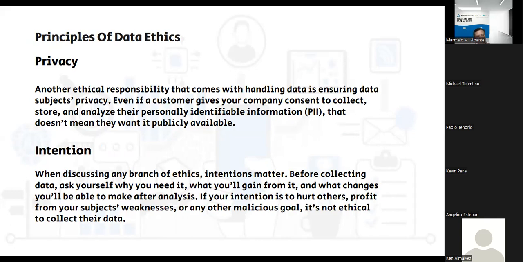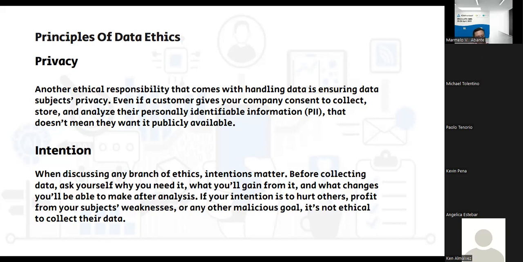Some examples of PII include full name, birth date, address, phone number, social security number, credit card information, bank account number, and passport number. To protect individuals' privacy, ensure that you're storing data in a secure database so it doesn't end up in the wrong hands. Data security methods that help protect privacy include dual authentication, password protection, and file encryption.